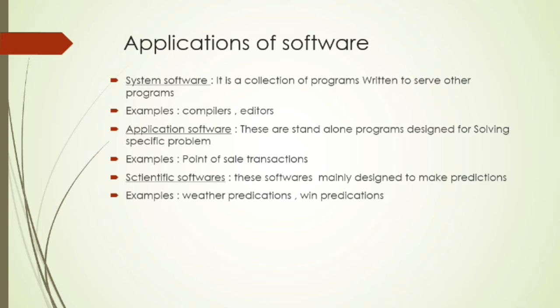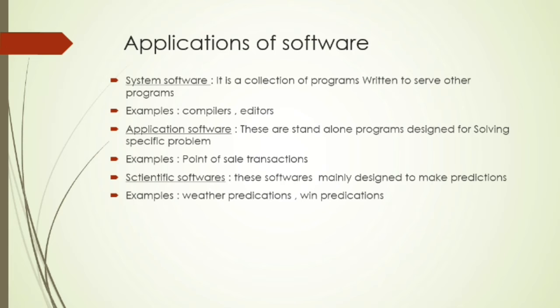And for finding errors, you will have some programs. So all these sets of programs are useful to run other programs. Here we are getting help from other programs to execute other programs. So that's the meaning of system software.